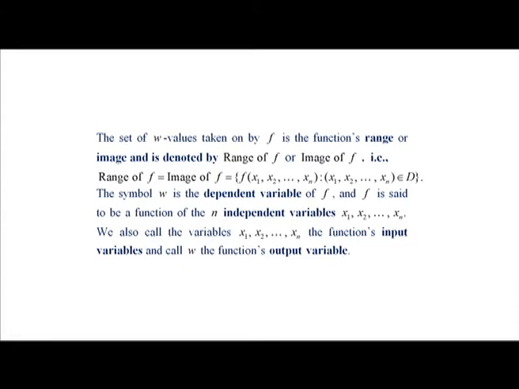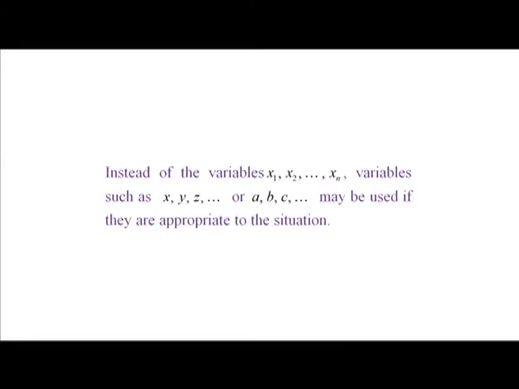We also call the variables x1, x2, etc., xn the function's input variables and call w the function's output variable. Instead of the variables x1, x2, etc., xn, variables such as x, y, z etc. or a, b, c etc. may be used if they are appropriate to the situation.